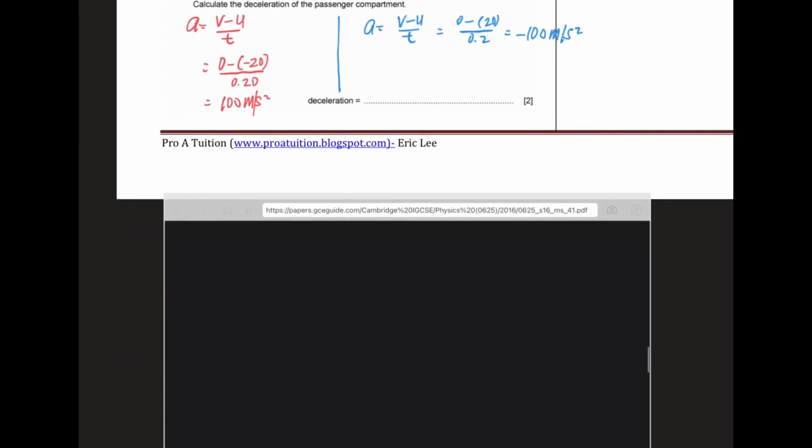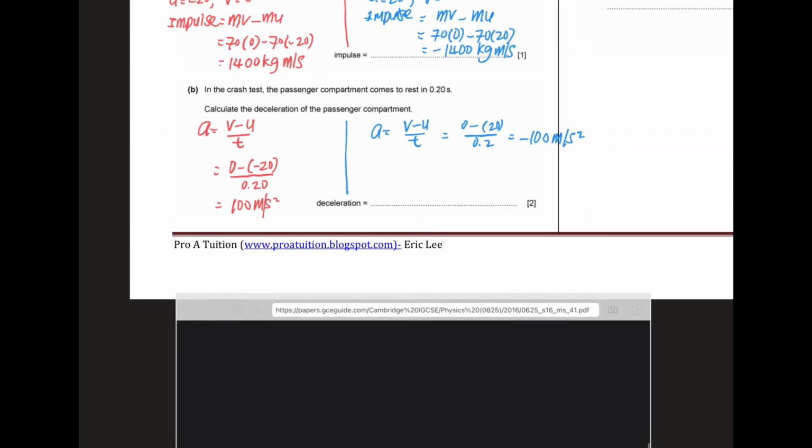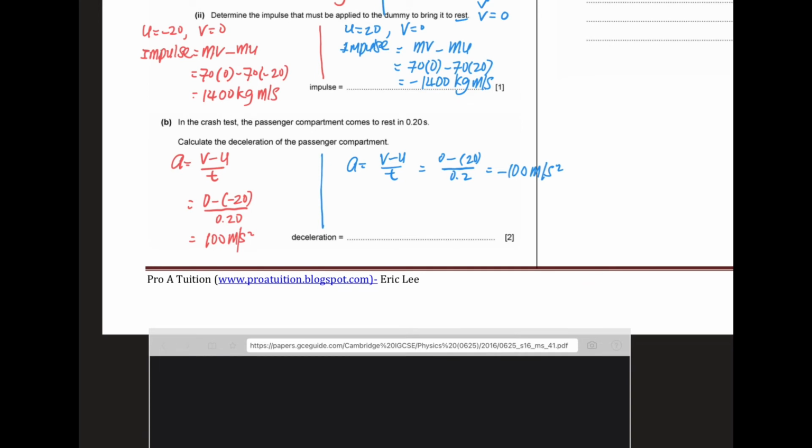You see, at the end, 100. In any case where they ask for anything, a positive answer is more preferable. So if you get negative, of course it is reasonable, then you just add a note.